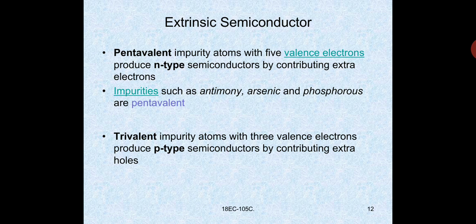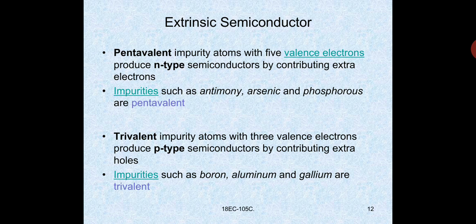Let us see the materials that are actually used to get this type of material, that is p type. The impurities such as boron, aluminium and gallium are trivalent, which are added to the pure semiconductor, resulting in a p-type semiconductor. P in the sense of having more holes, that means deficiency of electrons.